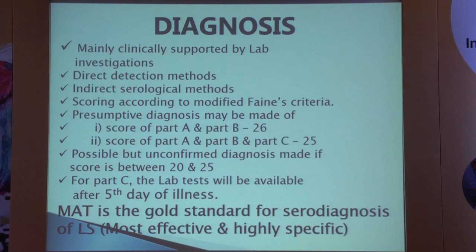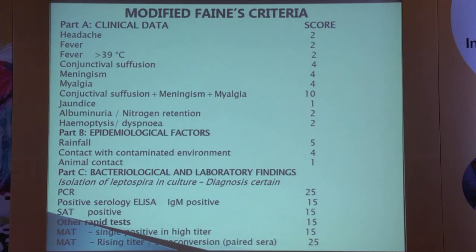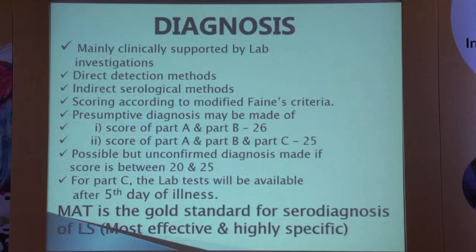Direct detection methods, indirect serological methods, and here comes the modified Faine's criteria. Of course, you must be knowing this is the modified Faine's criteria. So according to this, presumptive diagnosis is made by a score of part A and part B that is 26, and score of part A, part B and part C, 25.